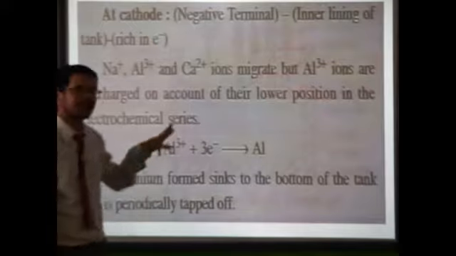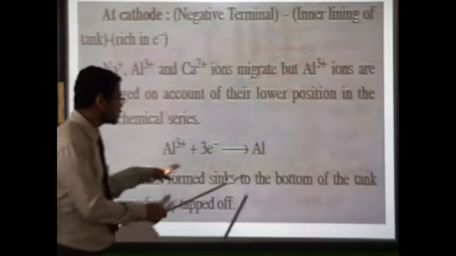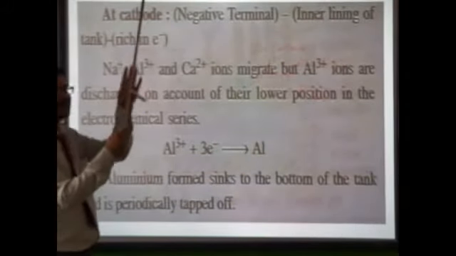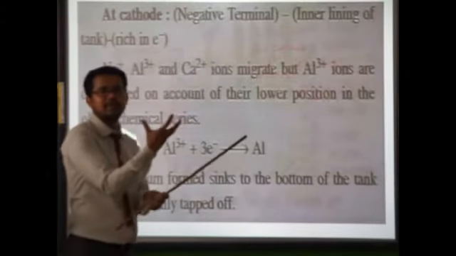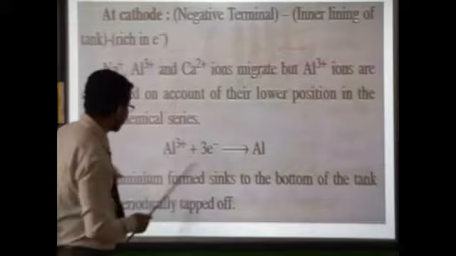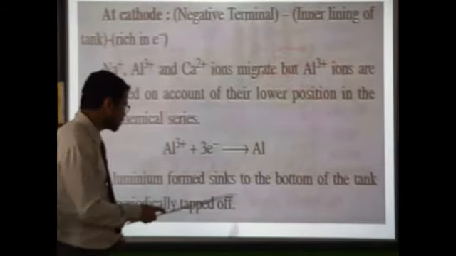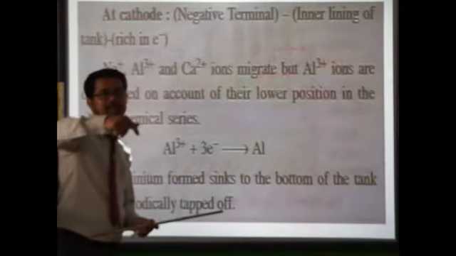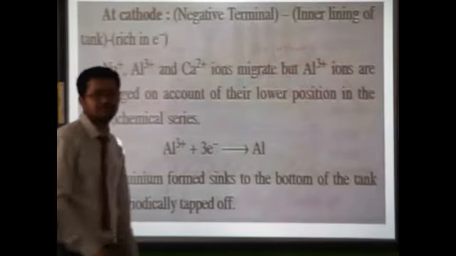So whatever aluminium is formed sinks to the bottom of the tank, because the iron vessel is very hot. The aluminium that is depositing melts, so it cannot be trapped. It comes towards the bottom and is collected periodically by opening the tap, closing it, and opening it again.